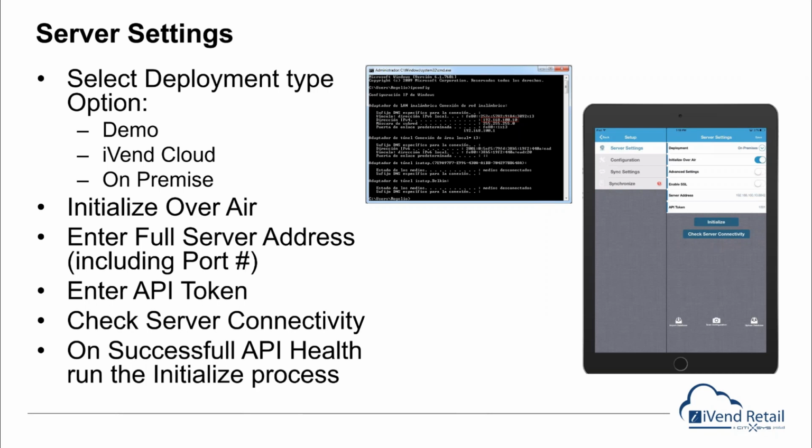Make sure that the address is in full, including the port number. And finally, on successful API health check, you just run the initialize process, which will take a few minutes depending on the size of your database, of course.